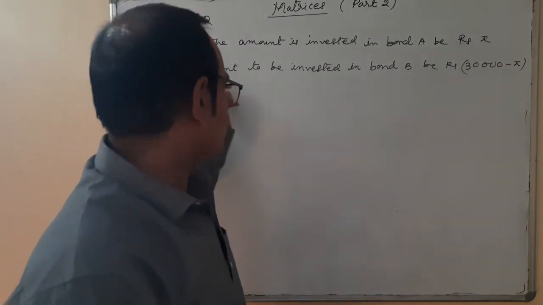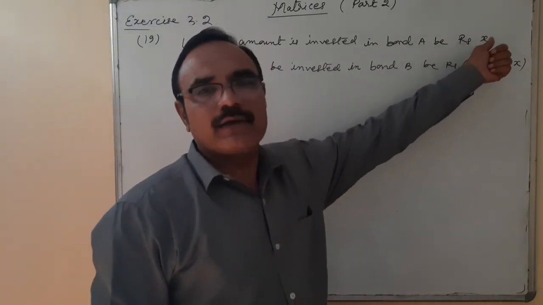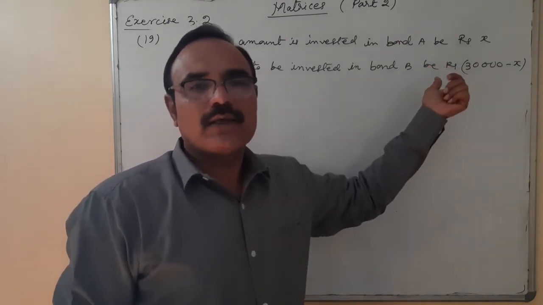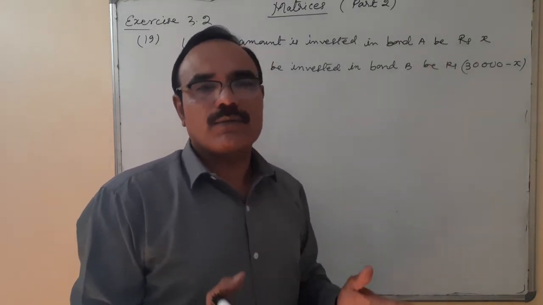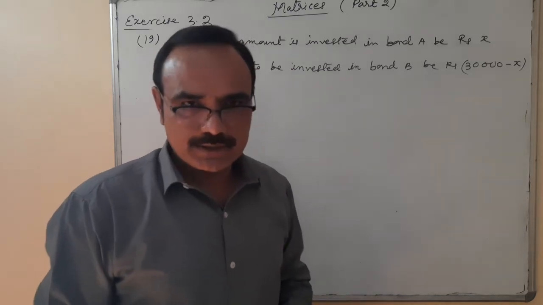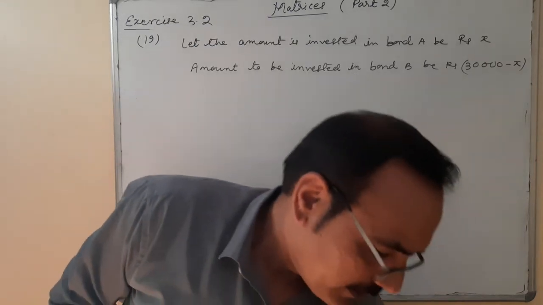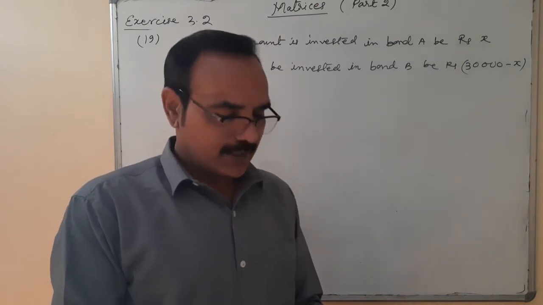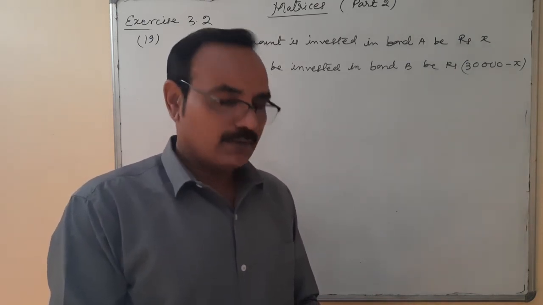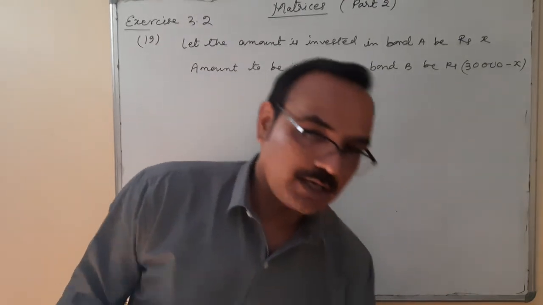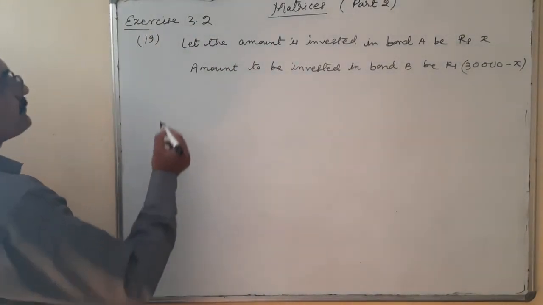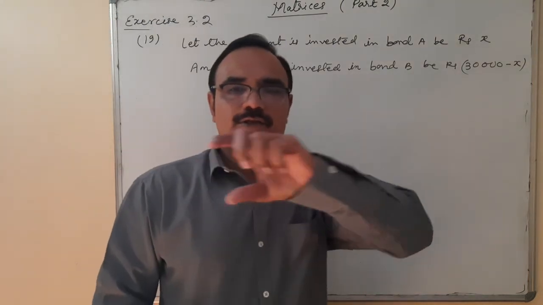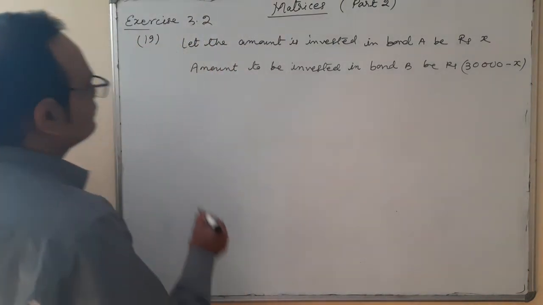Okay, here consideration is not required, but I have written here. Let the amount used for bond A be rupees x. Then for the second bond, how much amount is left? 30,000 minus x. The condition is, the first one pays 5% interest per year and the second one 7% per year. Arrange in the matrix form. How to arrange in the matrix form? Always the first matrix should be written in column form.